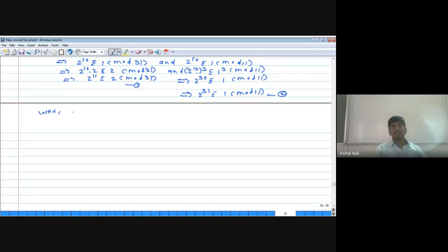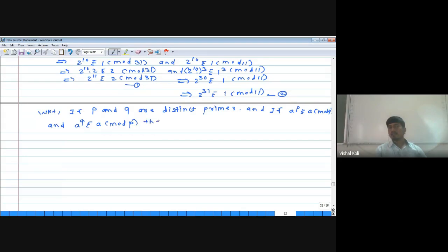Again we know one result. If P and Q are distinct primes, and if a to the power P is congruent to a modulo Q, and a to the power Q is congruent to a modulo P, then what is the result?